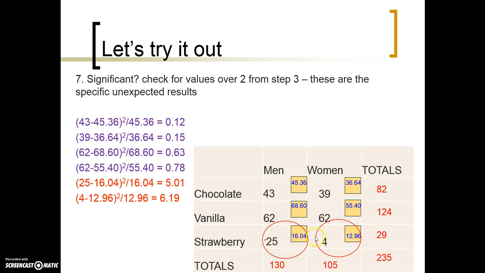This was unexpected, and this was unexpected. So when I look at 25 compared to 16, 25 is more. So there were more men than expected that liked strawberry. Here I have 4 compared to 12, almost 13. So there were less women than expected who liked strawberry.